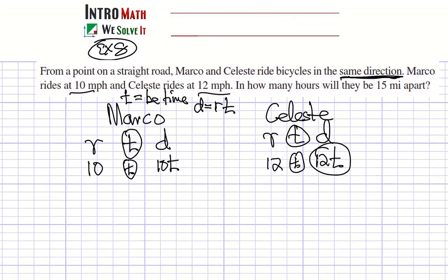Listen, because you remember this guy is traveling faster than this guy. Celeste rides way faster than Marco, 2 miles per hour faster, right? So what's gonna happen? They said they're gonna be apart, right?